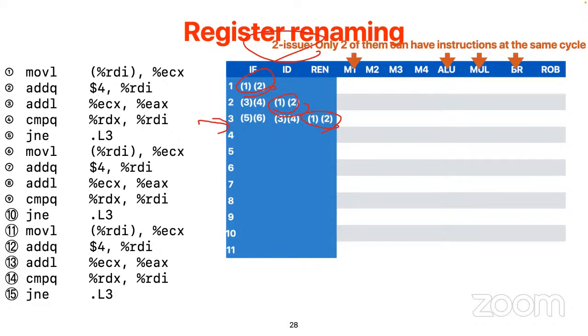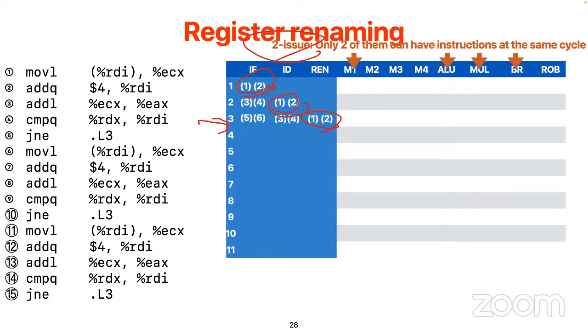The criteria of selecting 2 instructions into execution are that the 2 instructions do not conflict on the functional units that they need. And also, if there are more than 2 instructions that you can execute, the earlier ones should go first. Those are the policies that we have to follow here.